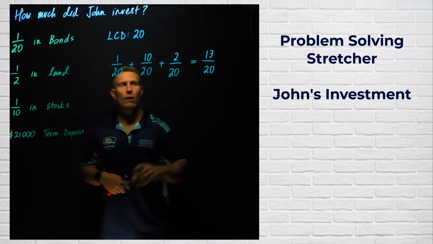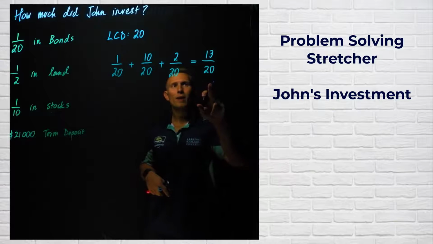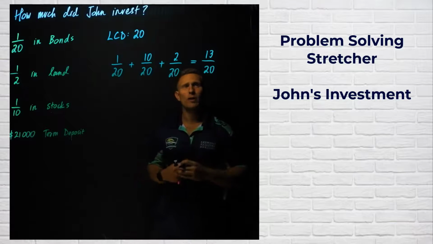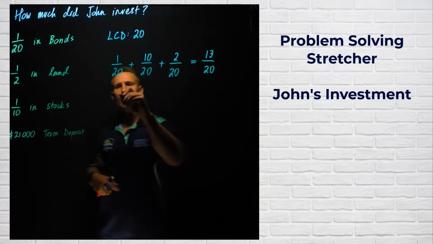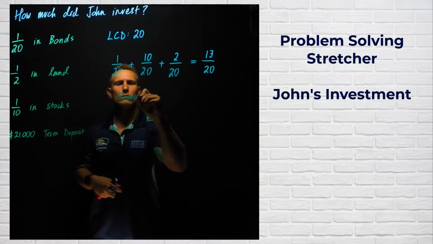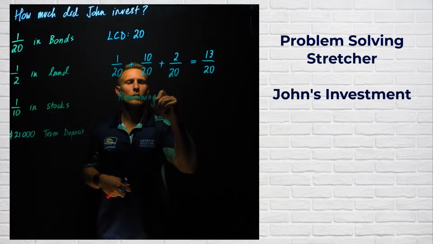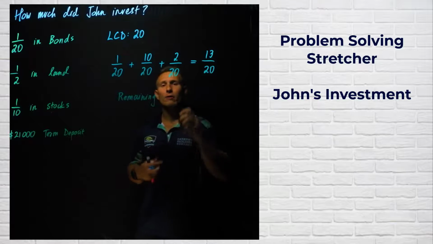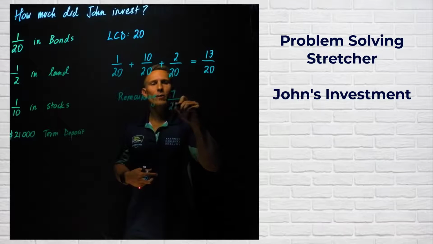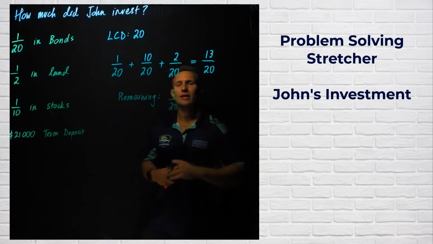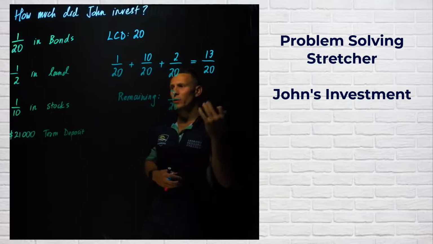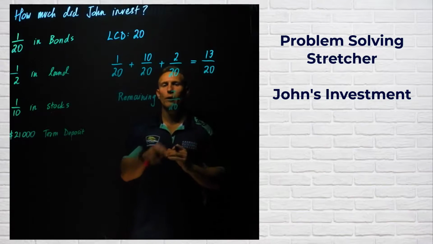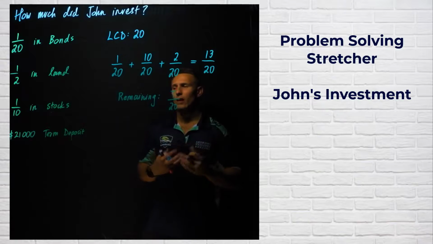So what I'd like you to do now is work out the remaining parts. Now we know that the leftover, the remaining, is going to be 7 out of 20. So if we add 7 and 13 together, we get 20 out of 20, that is a whole. So our remaining parts are 7 out of 20.